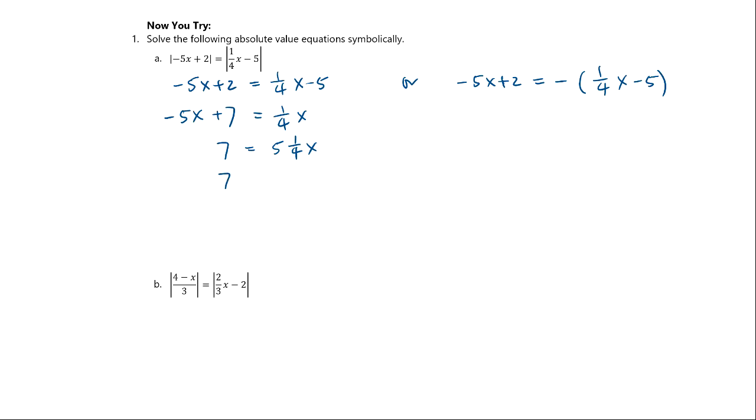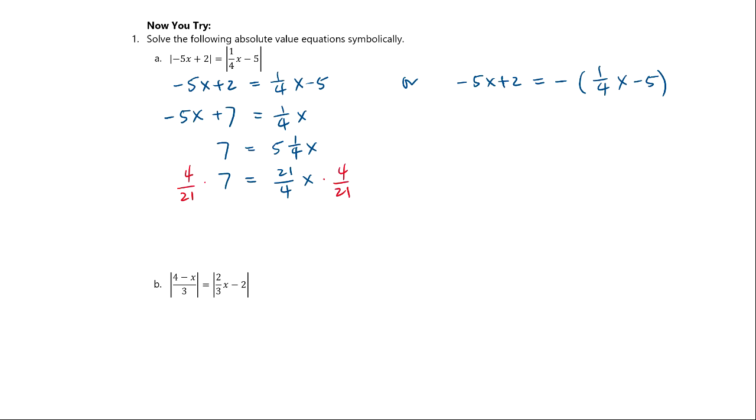So I'm going to rewrite 5¼ to be 21/4, because 4 times 5 is 20, 20 plus 1 gives us 21 on the numerator, and keeping the denominator gives me 21/4 x. And now for the next step, I want to multiply the reciprocal of the coefficient in front of x to solve it. So that will be 4/21 on both sides.